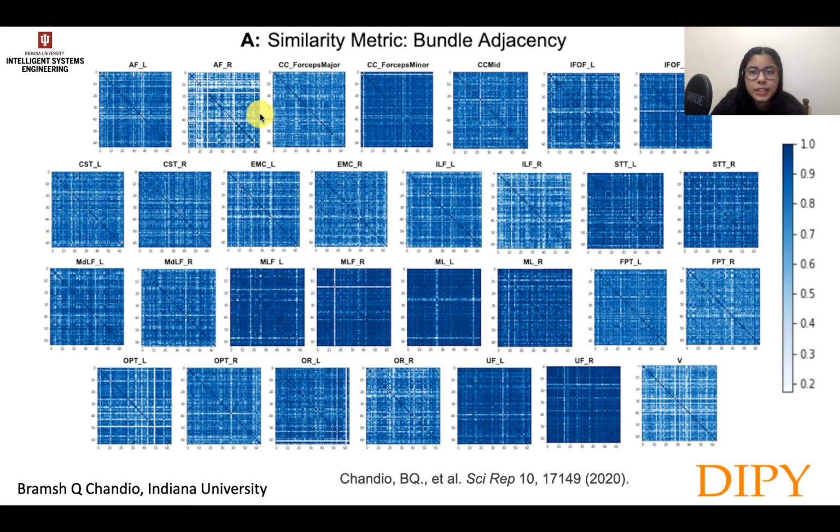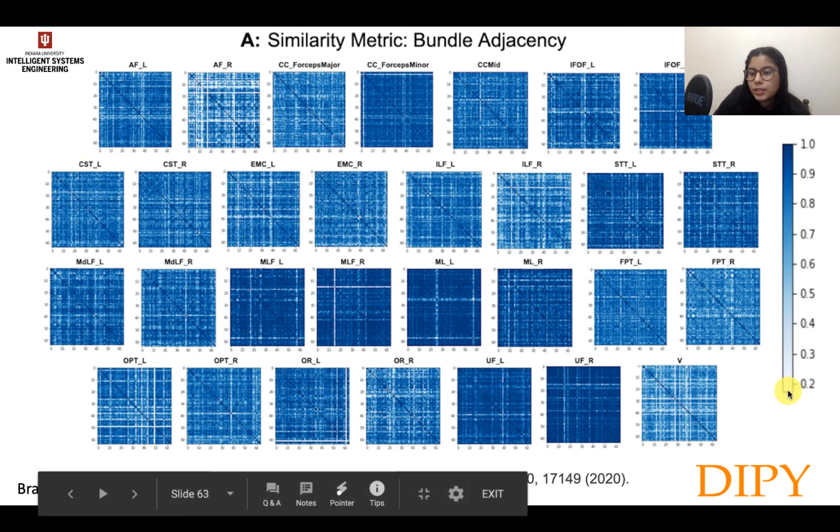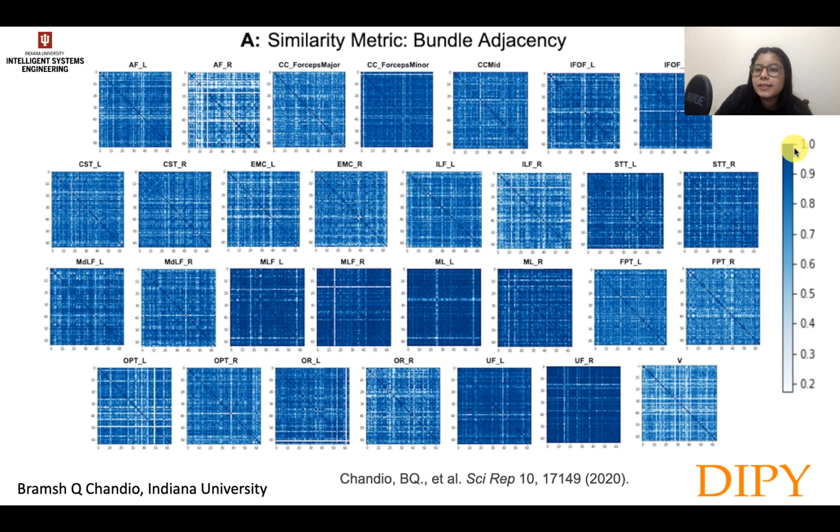And here, if it's darker, as we can see from the legend, it's the same. If it's white, it means less shape similarity, and if it's darker blue, it has a higher shape similarity. So if we just visually look at it, we can see there are some bundles where the shape similarity metric is very dark.